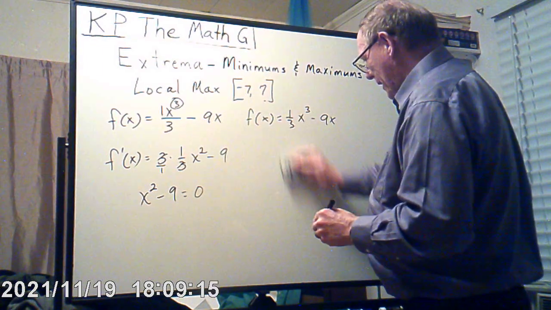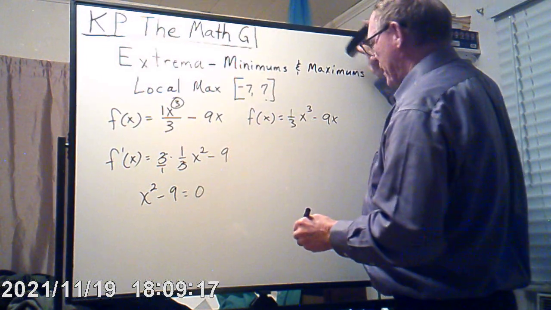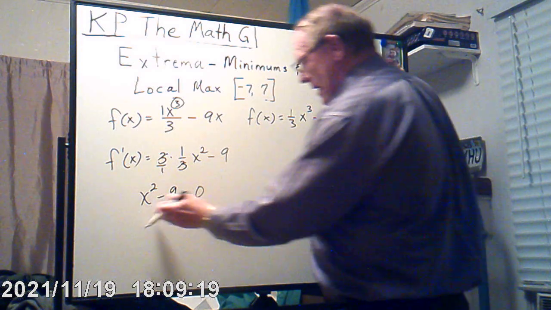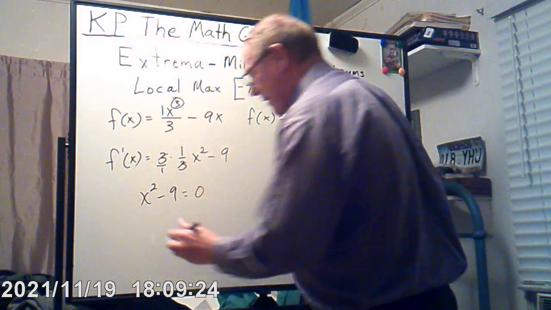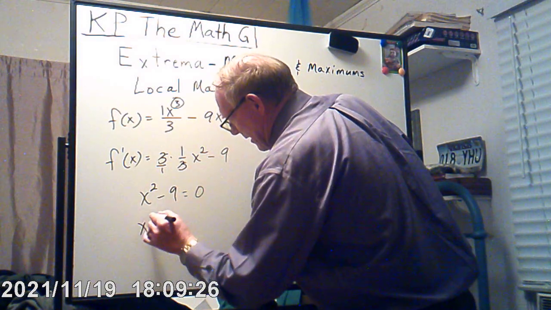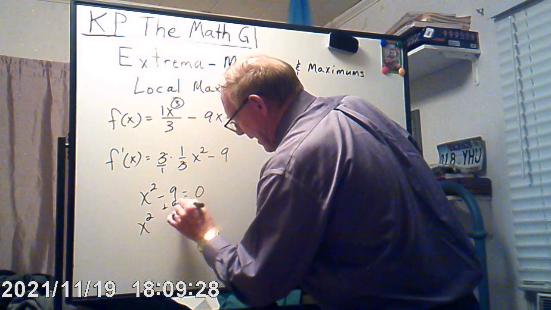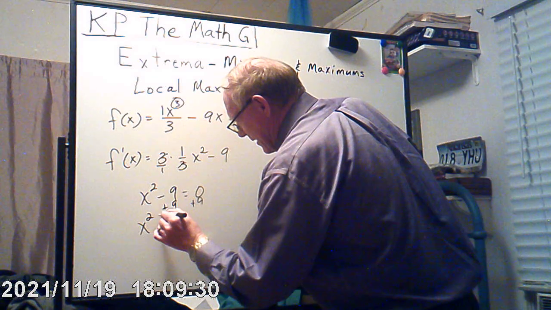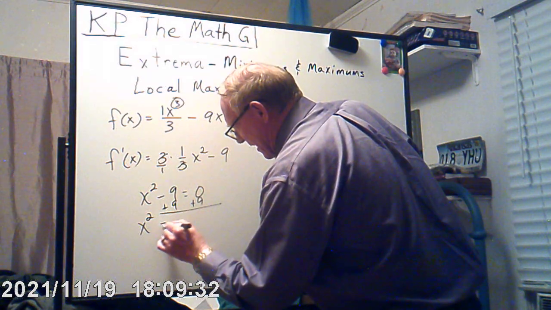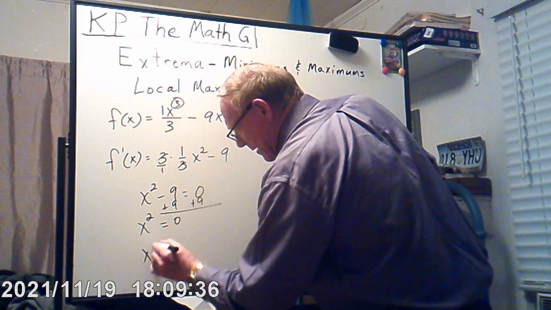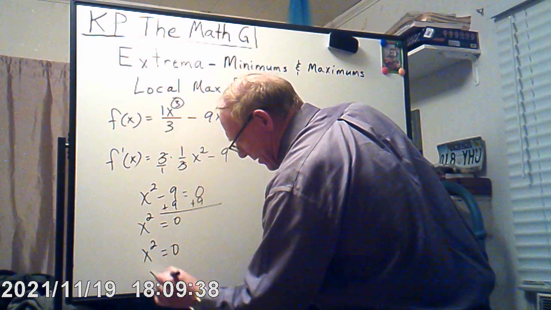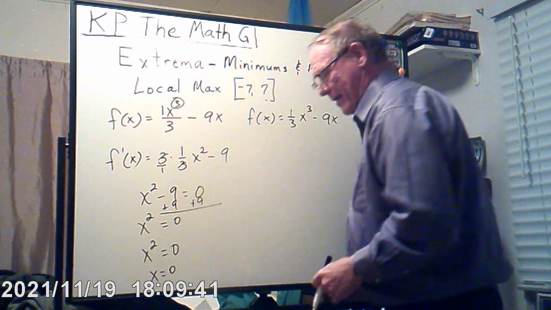Alright, so now let's go with the problem here. We know that if we can do this by factoring, we can do it by the square root method, but I'm just going to go ahead and do it by the square root method. If we add 9 to both sides, here we go, we got x squared equals 0, and of course, guys and girls, if we get down to x squared equals 0, certainly we know that x has to be 0.